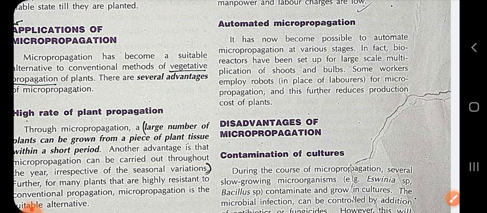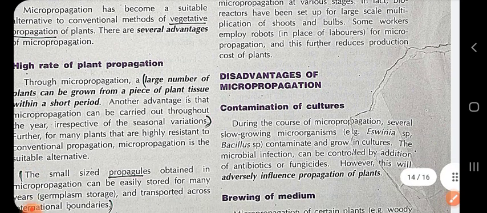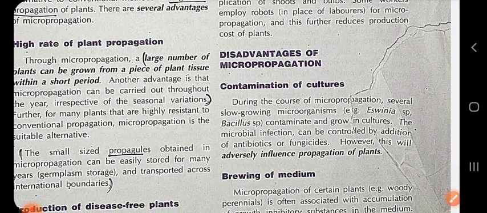But obviously all things have disadvantages also, good things also have disadvantages. Like first is contamination of the culture. When you are doing the culture further in your MSc classes, if you have plant tissue culture as a practical subject, you will see that when repeatedly culturing, sometimes a little bit of mistake can lead to contamination of the cultures.